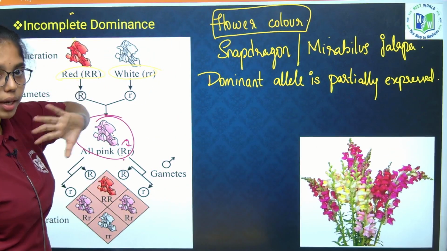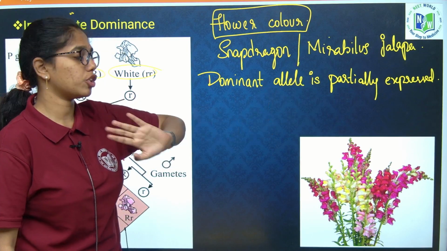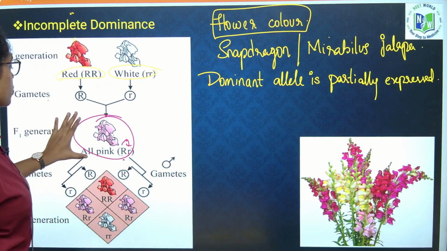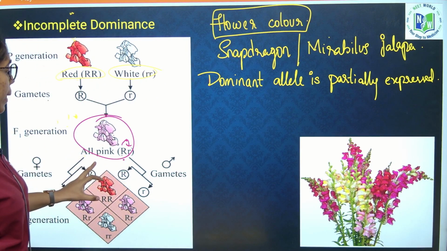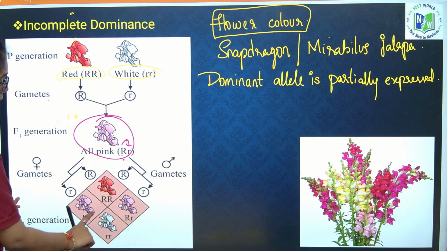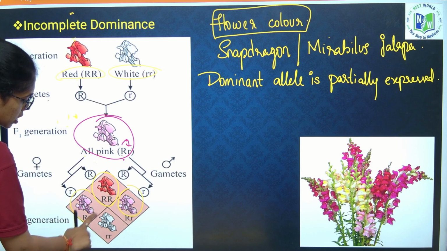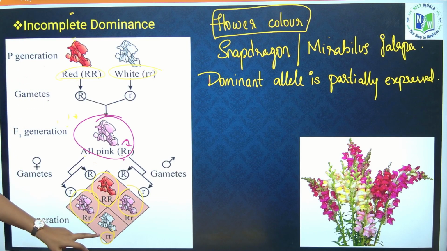Incomplete dominance, not complete dominance. Where the dominant allele is partially expressed, not completely expressed. That is why in the F1 generation we will see pink flowers. When all these pink flowers are self-pollinated, we get one red flower, two pink flowers and one recessive, that is white flower.